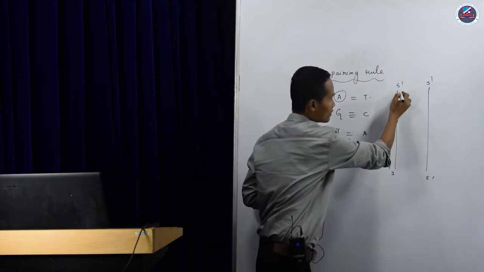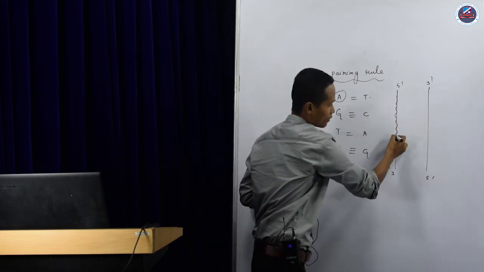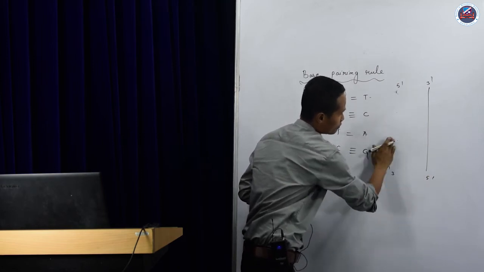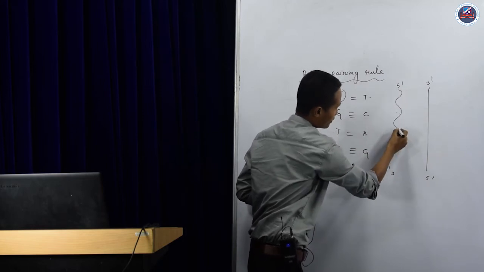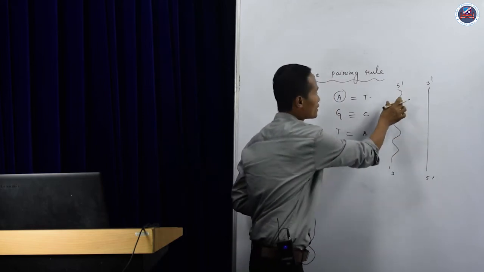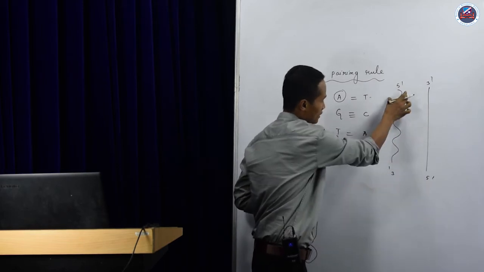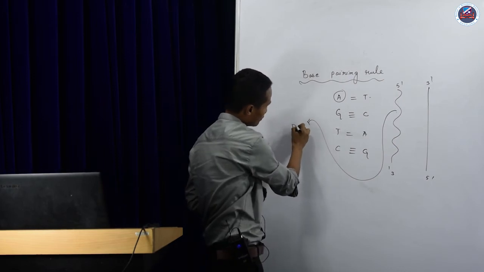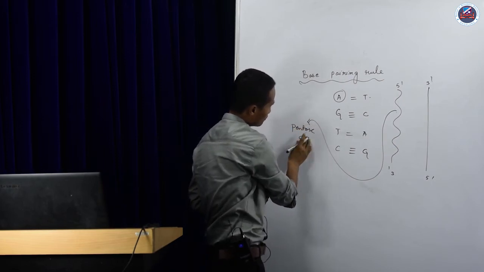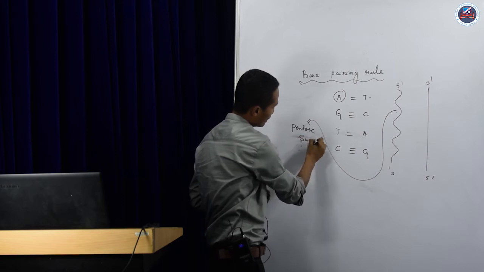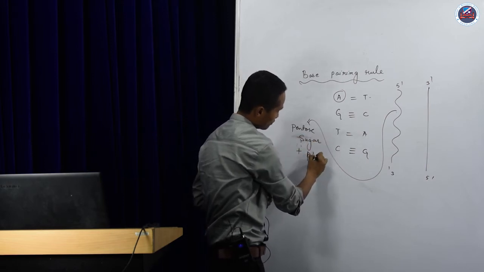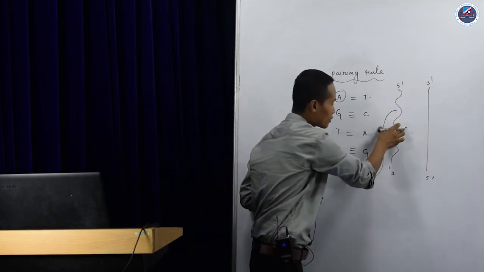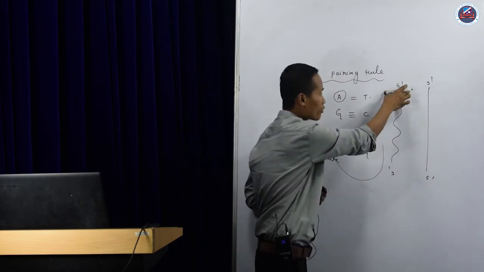I've already discussed the structure of DNA, where the nucleotides have been explained. This side is called what? This side is pentose sugar plus phosphate. This is said to be the backbone of the DNA.